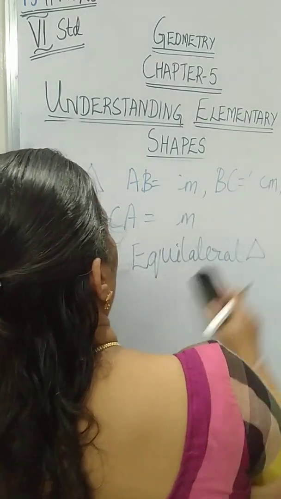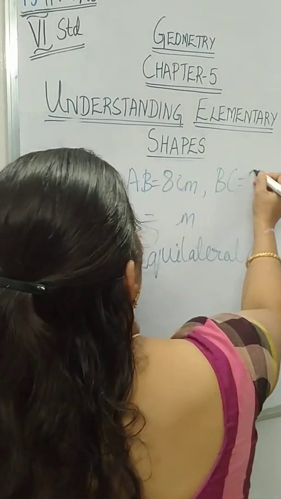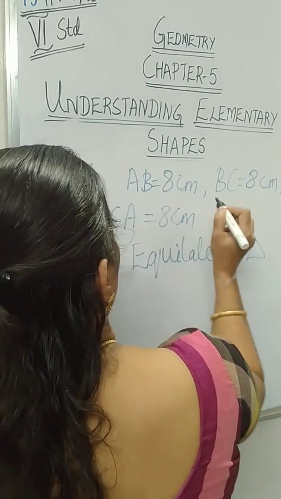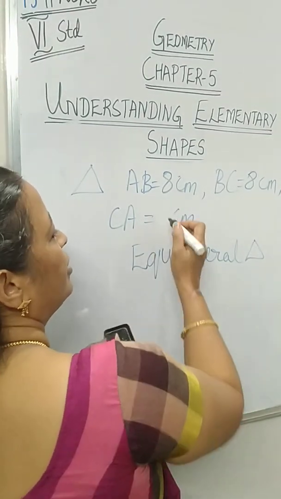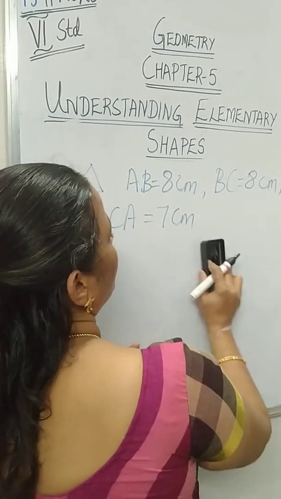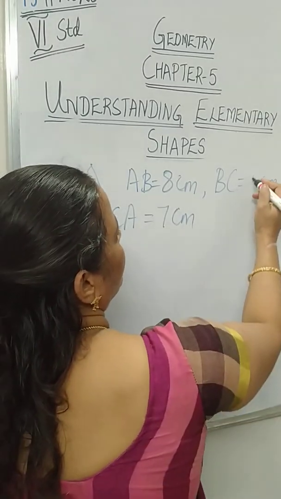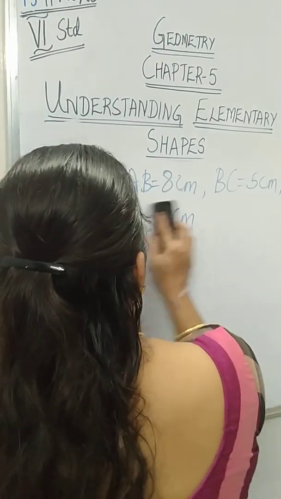Now look at the other triangle. 8, 8 and 8. What type of triangle is it? Equilateral. If one is different, say it is 7, this is isosceles triangle. If all the three are different, it is scalene triangle. Okay? Hope it is clear.